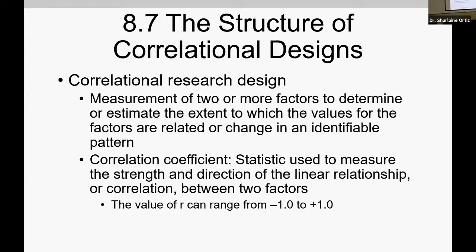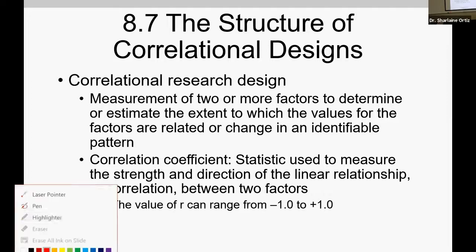In regards to a correlation, some of you may be very familiar with a correlation. I also have a previous lecture that covers in-depth correlations, and I will be linking it down in the description below. So in regards to correlations, let's talk about the correlational design.